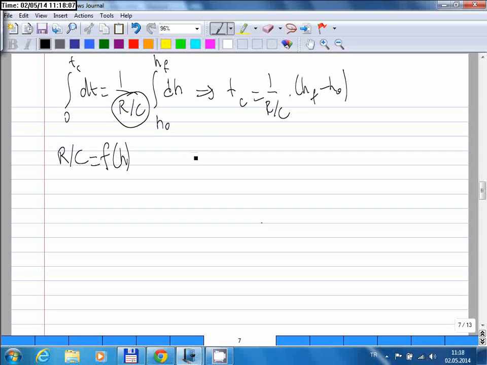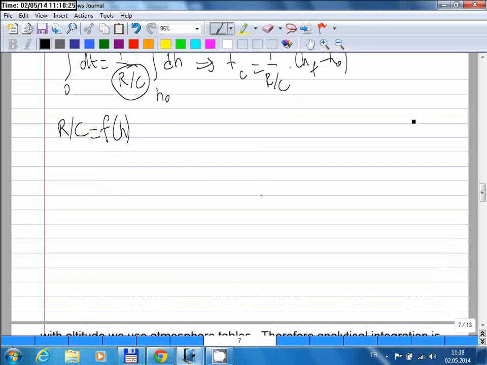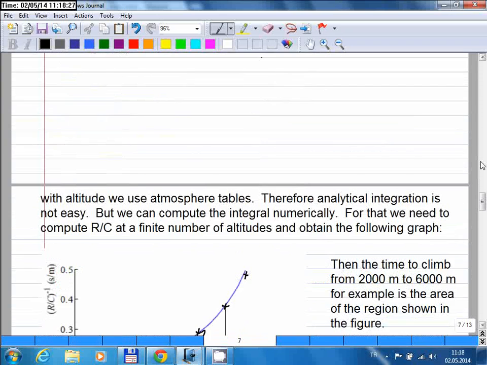So you put the excess power expression as a function of density, and then you need to relate density with altitude, and for that you need to use a different expression. That's what complicates the integral. Other than that, it's not really a big deal to take the integral.